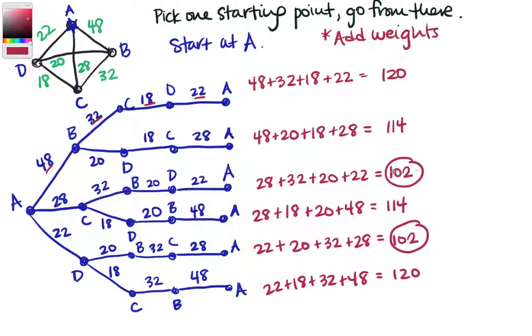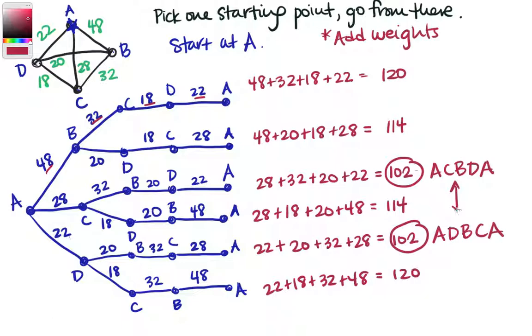The circuit corresponding to this weight of 102 was A, C, B, D, A, and the one corresponding to the other 102 was A, D, B, C, A.